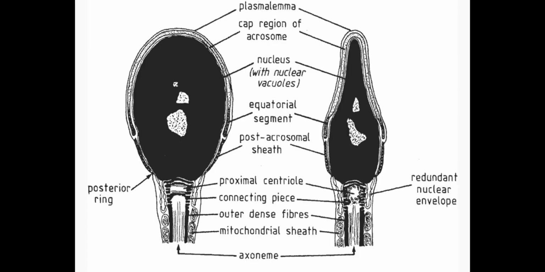The sperm head measures around 4 to 5 micrometers in length and around 2 to 3 micrometers in width, with the acrosome covering approximately 40 to 60% of the anterior part.